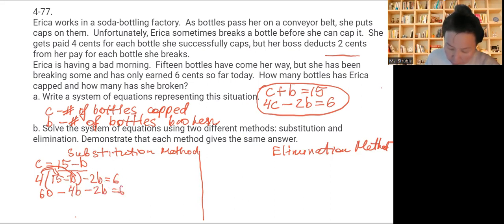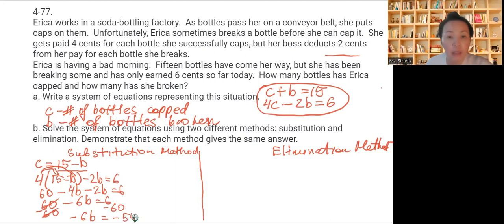4 times 15 is 60, minus 4 times B is negative 4B, and then negative 2B equals 66. Combining like terms, negative 4B minus 2B is negative 6B, so 60 minus 6B equals 66. We're going to subtract 60 on both sides, and we will be left with negative 6B equals 6.